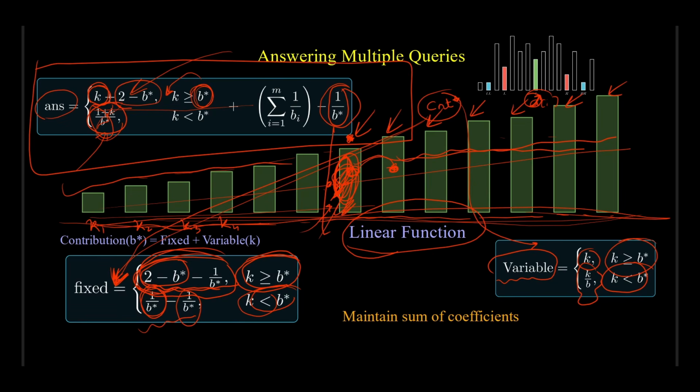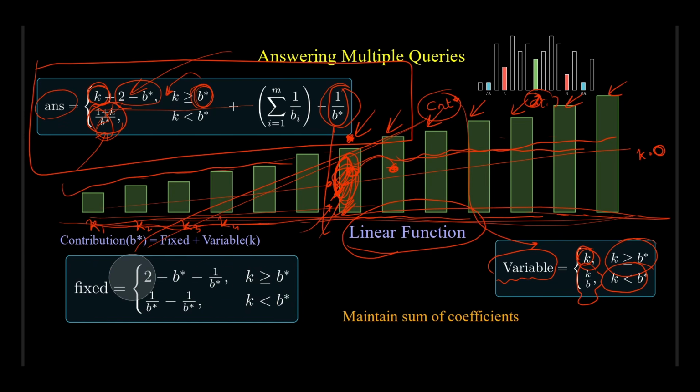So far so good. But what about the variable part? For the variable part, you can see that it has a very nice form because this is a linear function. So this is of the format k into some constant that does not depend upon k.